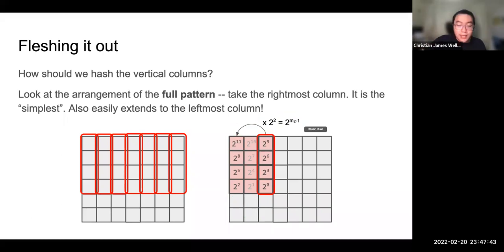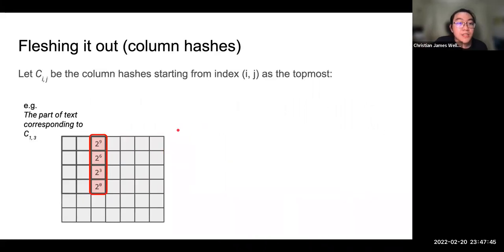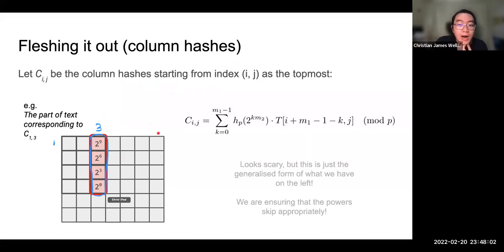So, fleshing it out in detail again. Let Cij be the column hash starting from index ij as the topmost value. For example, here this is C13. How do we compute C13? It is computed in this manner.